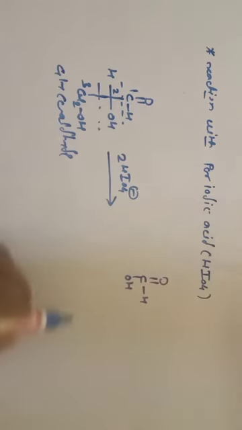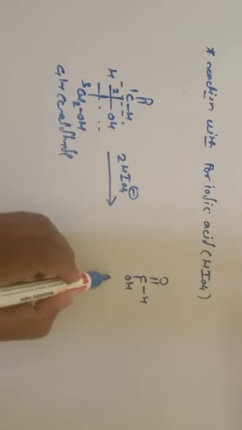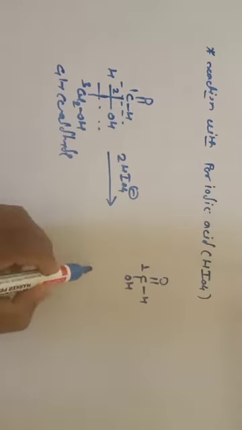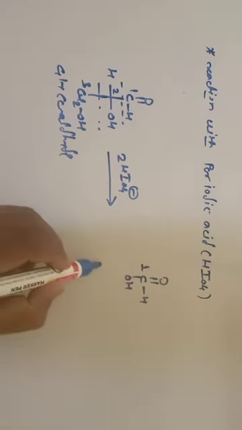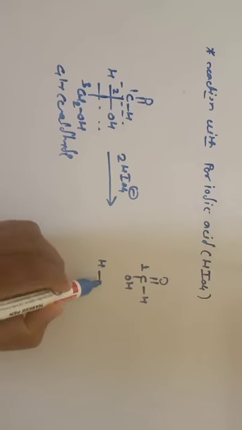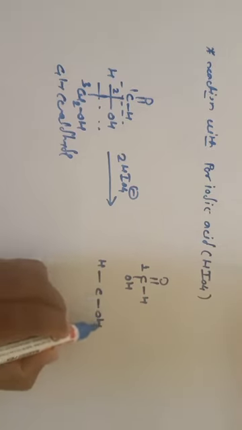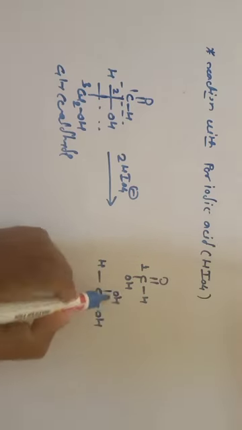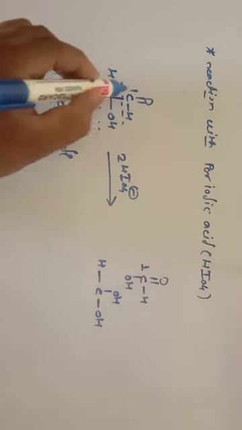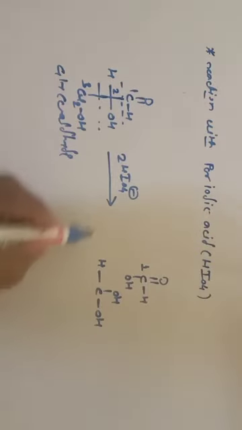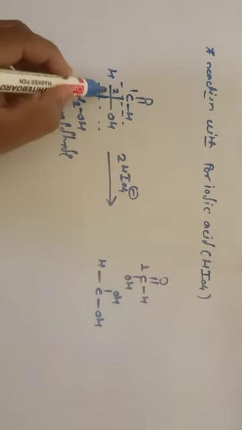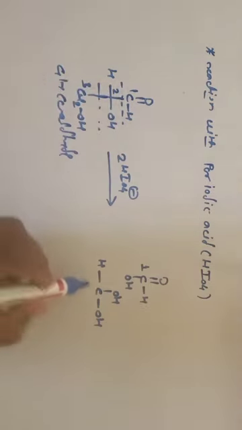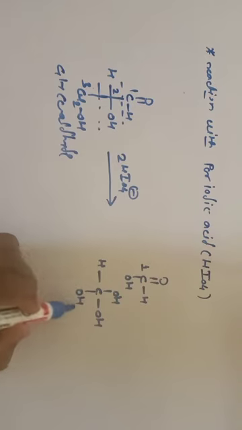After cleavage, we can write here C double bond O-H, and there is one OH. Similarly, this is carbon number 1. So what you get here, we get formic acid at the second carbon. H-C-OH is already there, so there should be OH after cleavage. The bond between first and second carbon atom will have one OH, and after breaking of the second and third carbon atom, there again is one OH group.